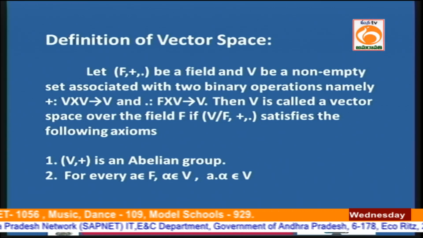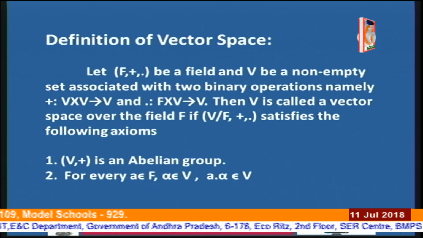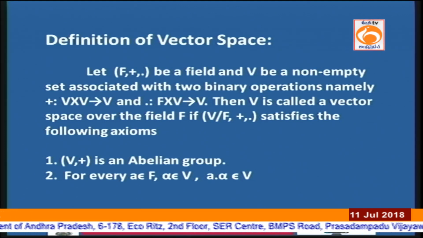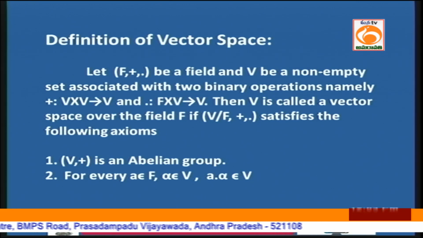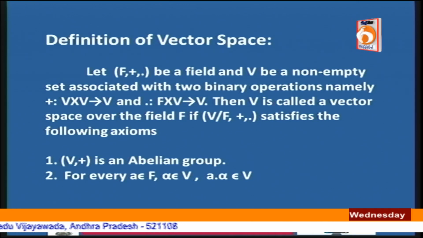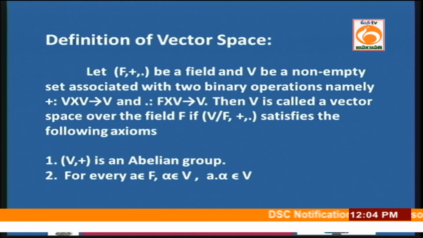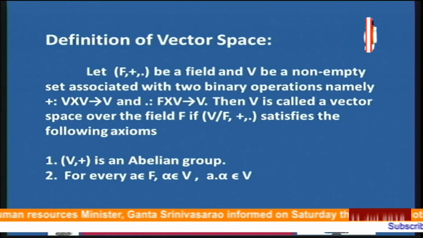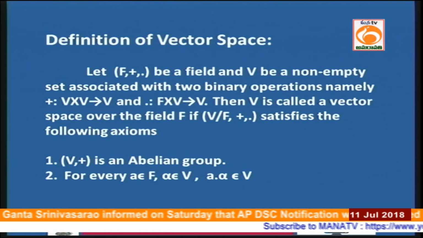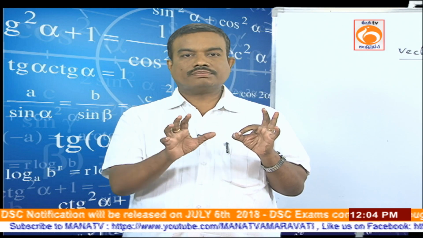So, the definition goes like this. Start with a field F. Let (F, +, ·) be a field and V be any non-empty set associated with two binary operations, namely plus, which is from V cross V to V, and dot, which is from F cross V to V. Please understand, we have a field structure F and a non-empty set V, already associated with two binary operations.